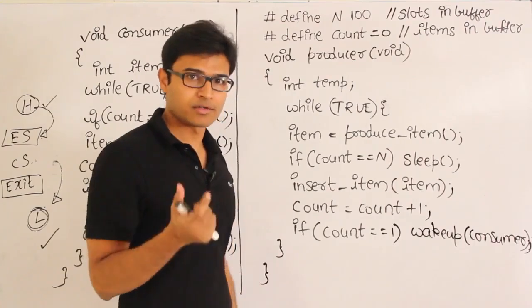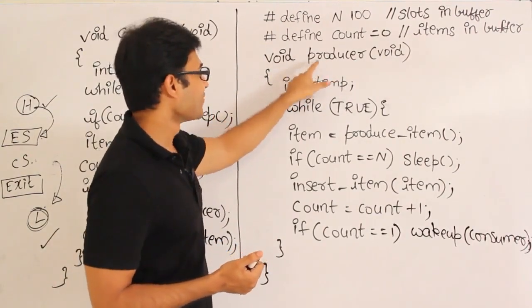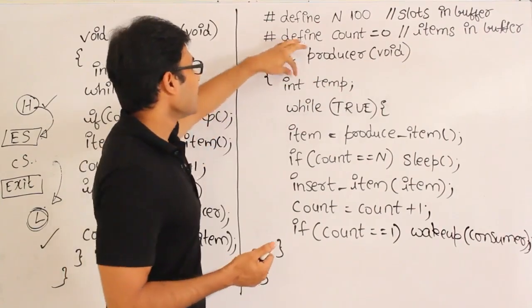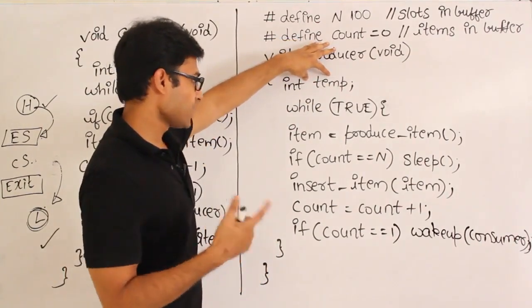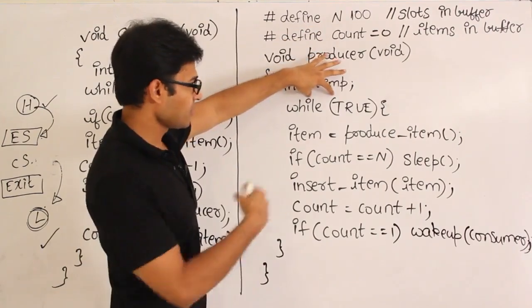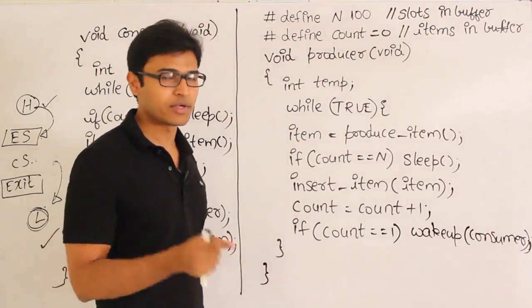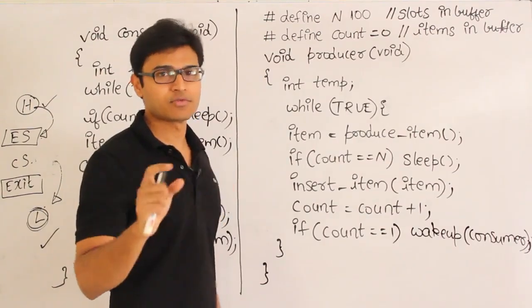Okay, understood this? Now void producer, void parameter, int temp. So we are going to use a temporary variable. While true means the producer is continuously going to produce the items without stopping. It will stop only when the buffer is full.